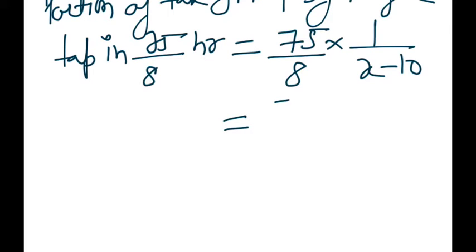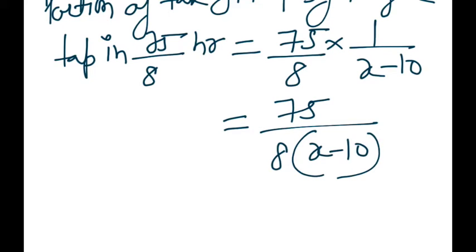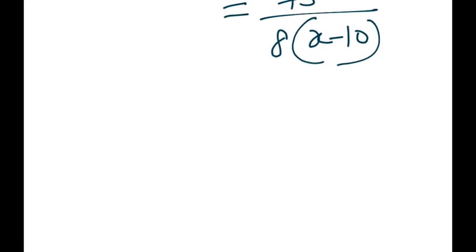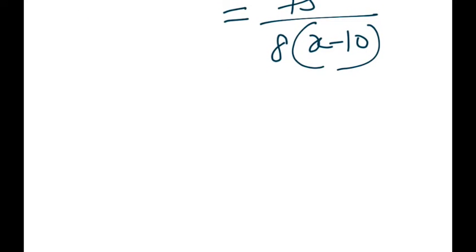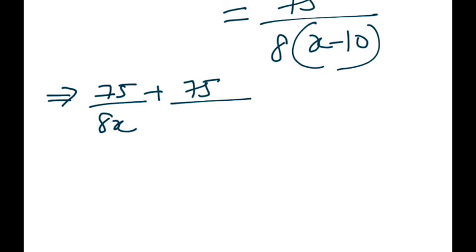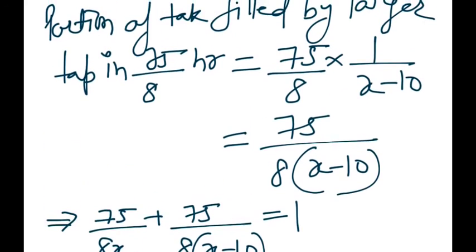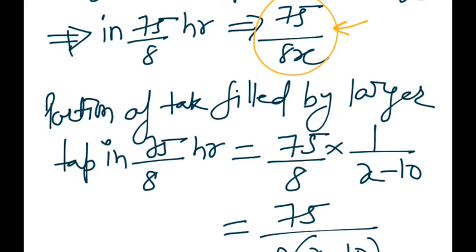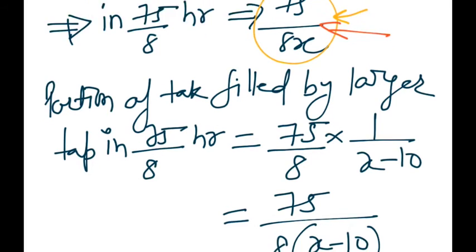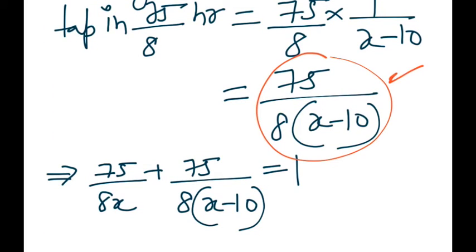Which is nothing but 75 by 8 times 1 by x minus 10. Okay, now since both the taps fill the tank in 75 by 8 hours, this is nothing but adding this term and this term, right?